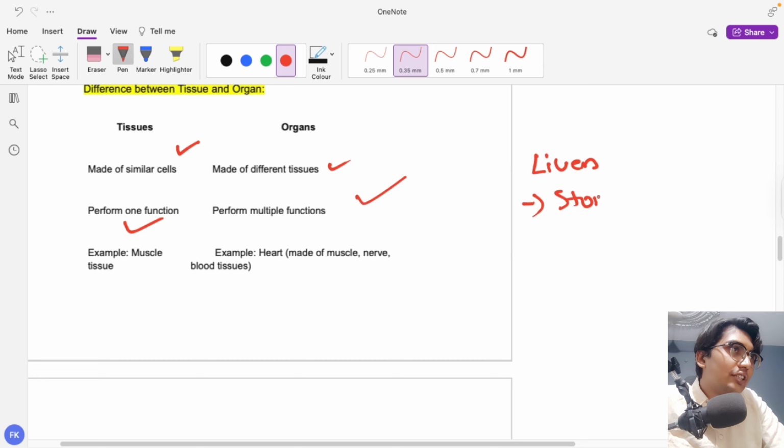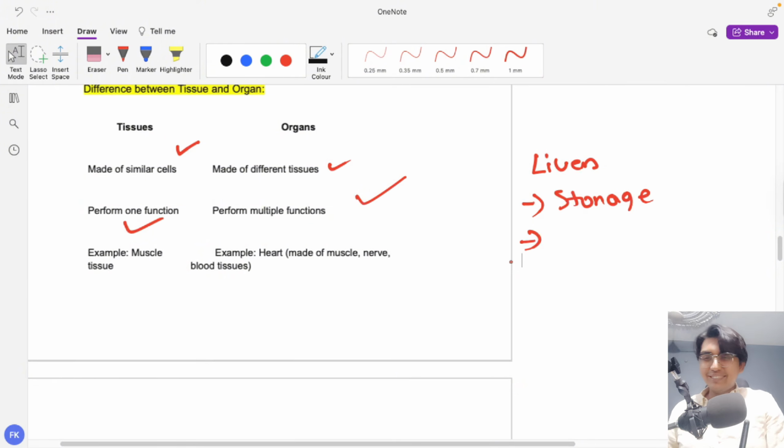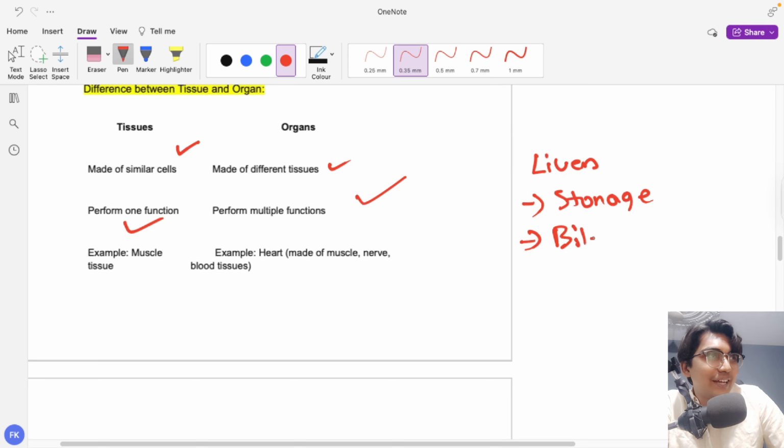And it has one important function in the digestive system. What is it? You guys can guess. It releases bile that breaks down fat. Isn't it interesting?